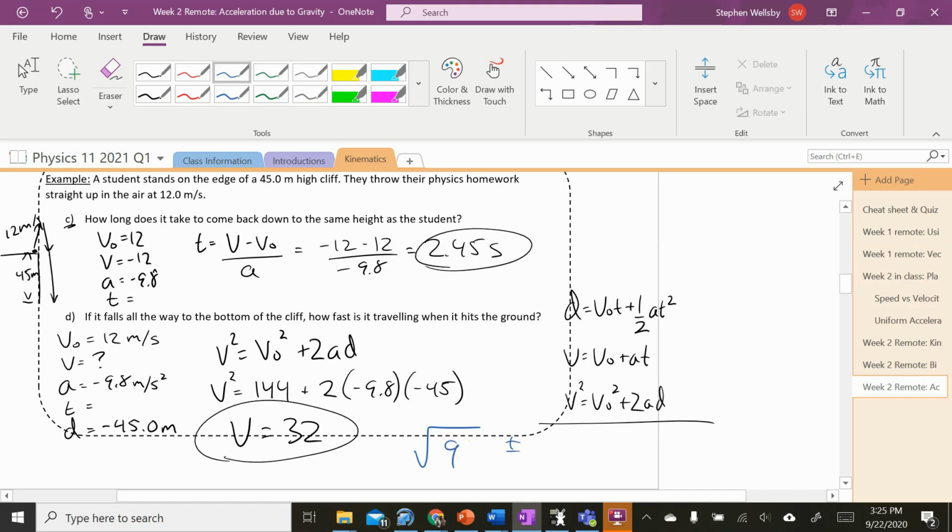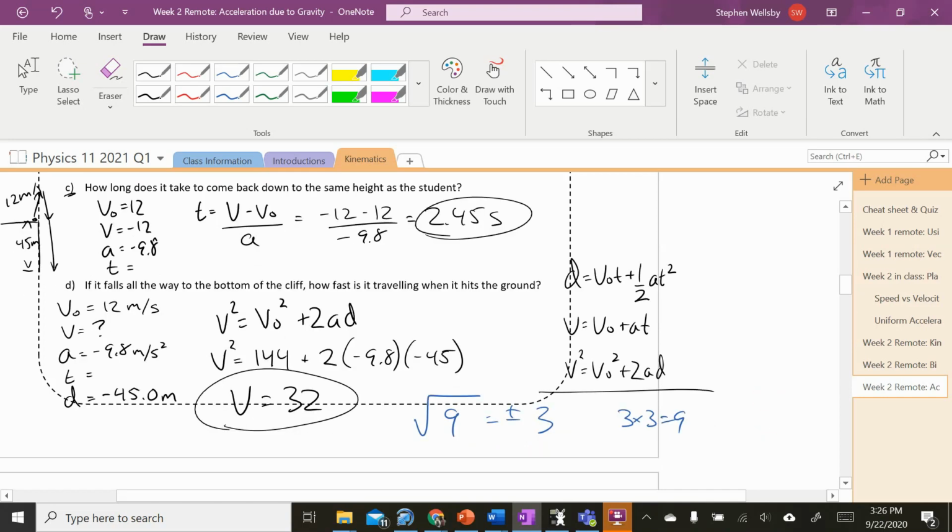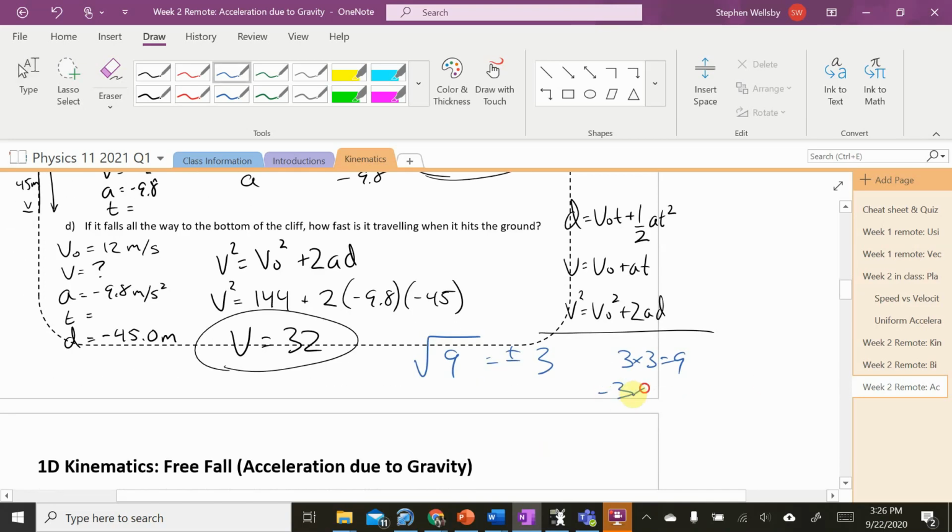For example, the square root of 9 is equal to plus or minus 3. Now keep in mind why that would be. If I square 3, I'm going to have 3 times 3 equals 9. If I square negative 3, I'm going to have negative 3 times negative 3. That's also going to be 9. So the square root of any value is always plus or minus if we're really being careful and thoughtful about what we're saying.